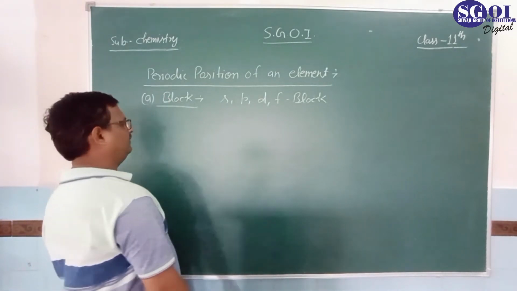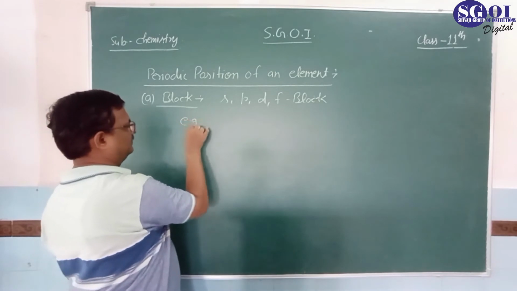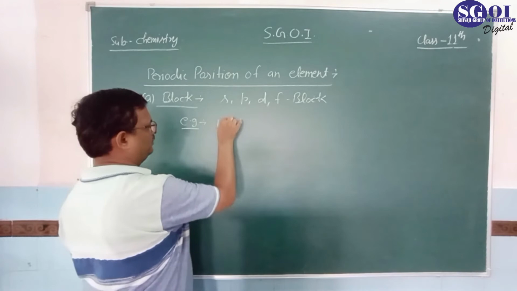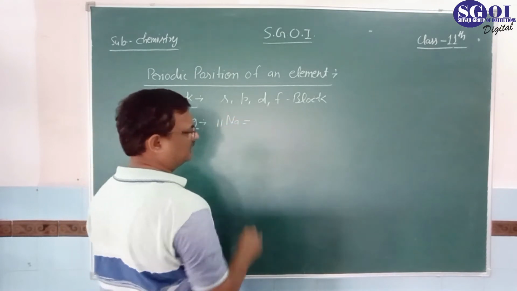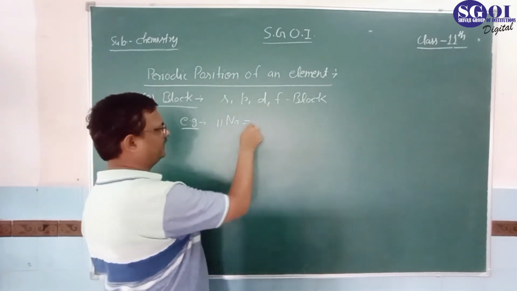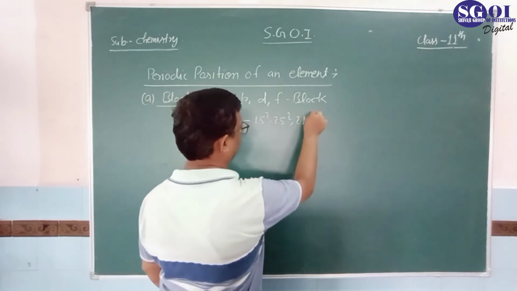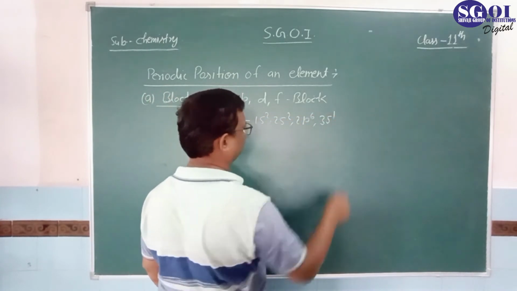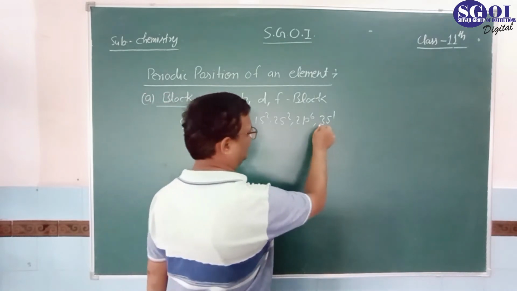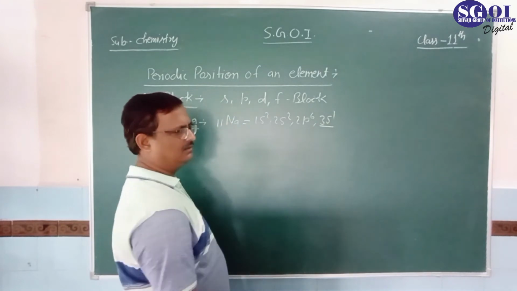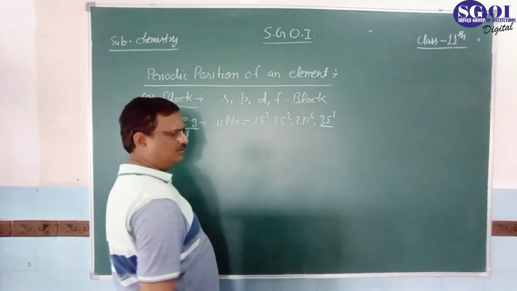For example, sodium, that is 11. First of all, the electronic configuration is 1s2, 2s2, 2p6, 3s1. So the last electron or valence electron is present in the S subshell. So the block of sodium is the S block.